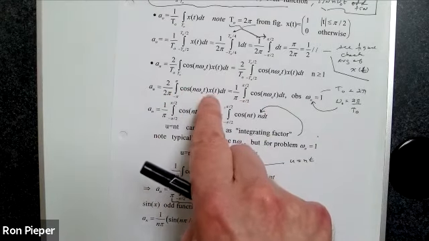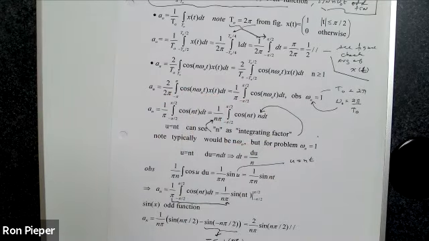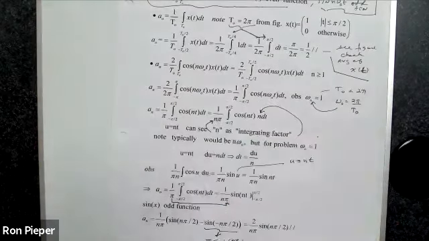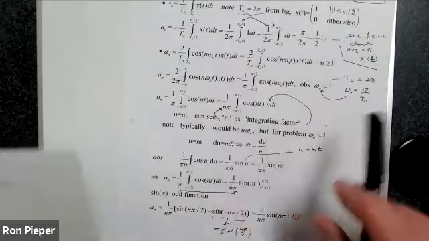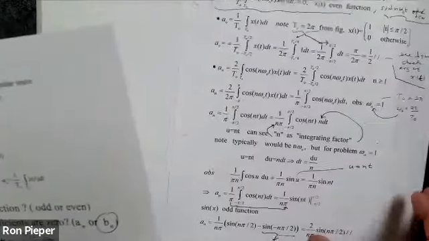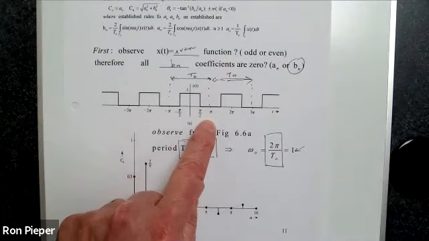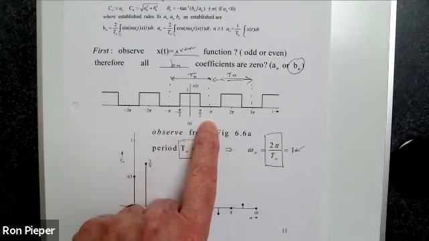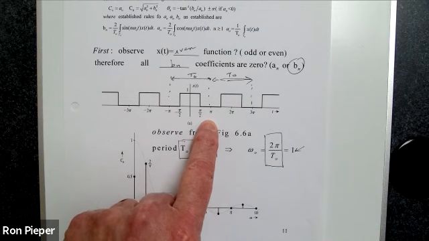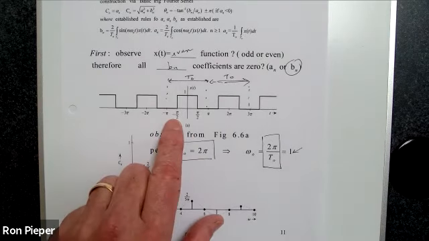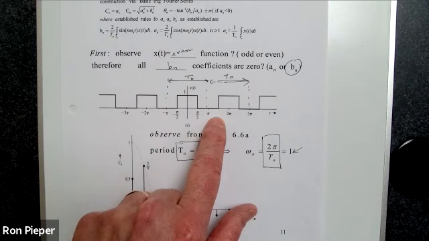But if we take into account the specific x of t, the way that the x of t is defined, within that window from minus pi to pi, would suggest that we do not need to integrate all the way out to pi, nor should we.